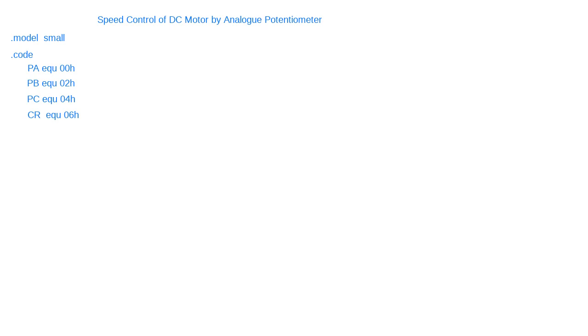Here, the analog potentiometer is connected to port A, and the motor is connected to port B, bit number 6 and 7. Okay, so it is like that. Let me draw it here.